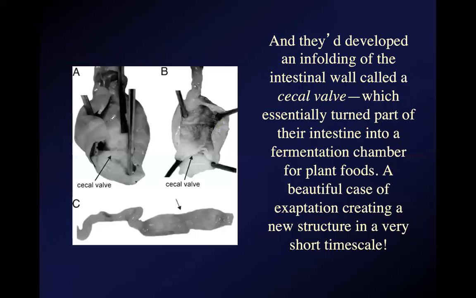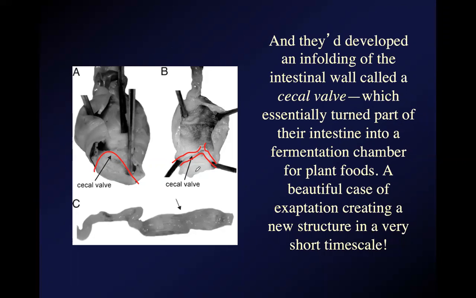they had evolved, if you dissected them, a little fold on the inside of the intestinal wall. There and right there. There's that little fold. It's called a cecal valve. And what it enabled them to do is close off part of their intestine and turn it into a fermentation chamber for plant foods.